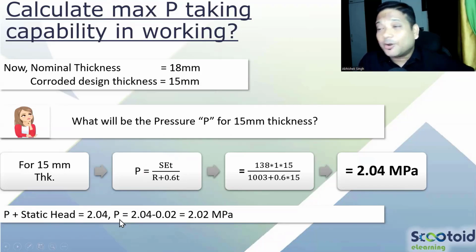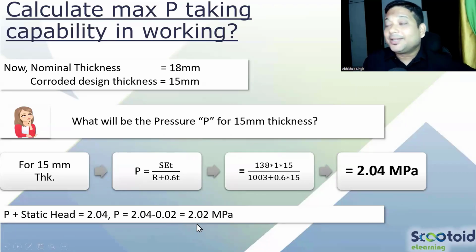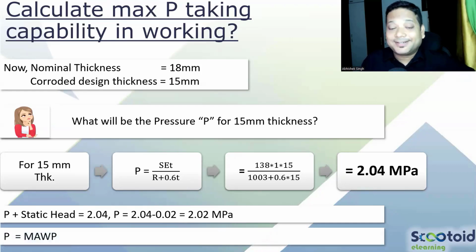Now, if I have to find only the pressure which can be applied at the top, I need to deduct the static head. So I'll be getting 2.02. Now, can I say that 2.02 MPa is my MAWP? Any doubt in that? That is the MAWP, right?